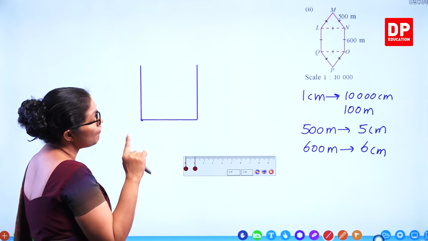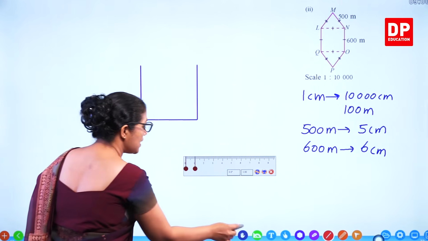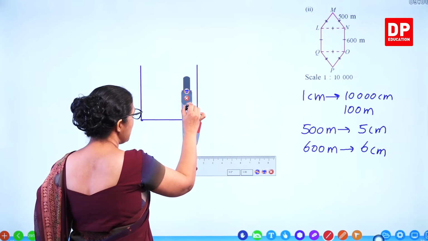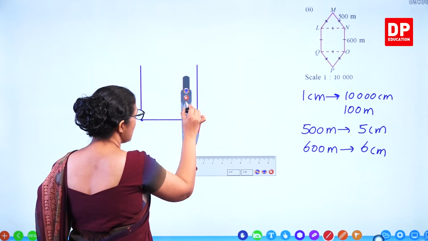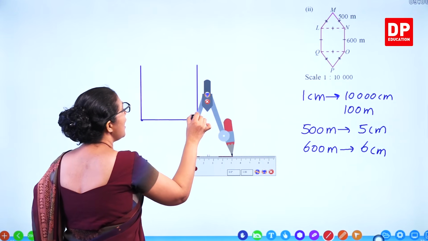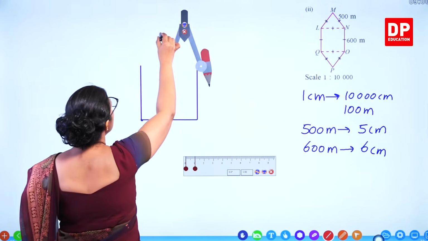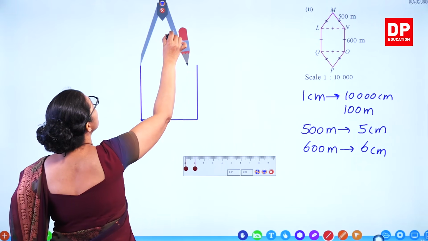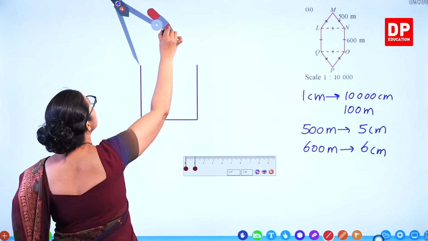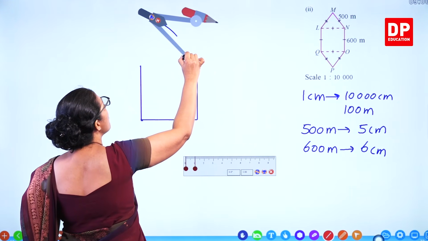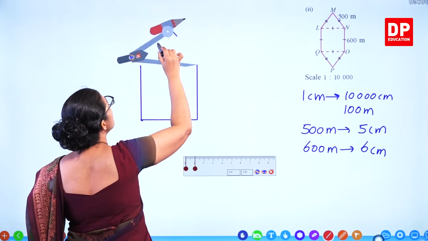What's the distance there? 500 meters means 5 centimeter. We need the compass now. Measure 5 centimeter length using the compass, and we can keep it on top of this point, and you can mark the arc in between, and also keep the compass here and draw the other arc.